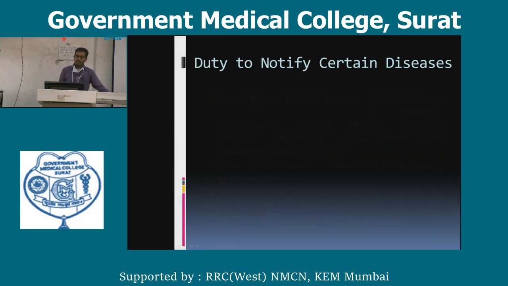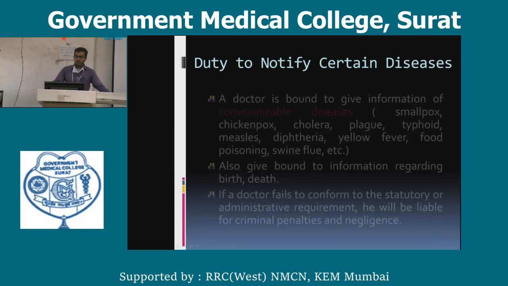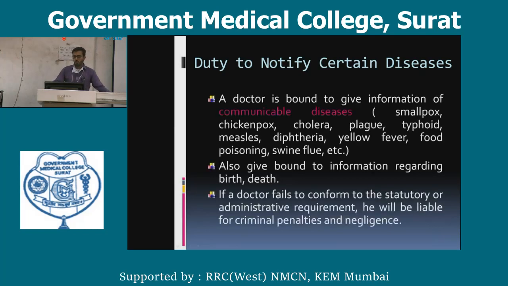Notify certain diseases. Communicable diseases include smallpox, chickenpox, cholera, plague, typhoid, measles, diphtheria, yellow fever, food poisoning, swine flu, and nowadays the coronavirus epidemic. Every single case has to be informed to the health authority, and this is known as notification of the disease.